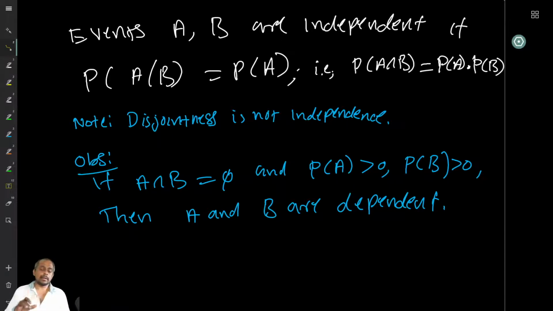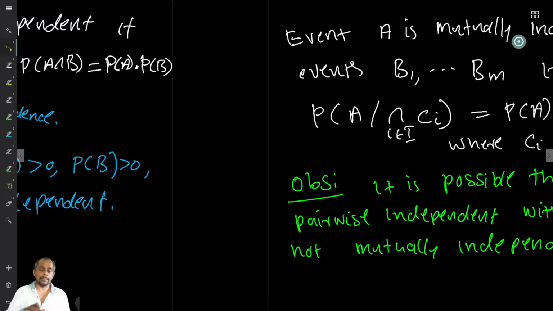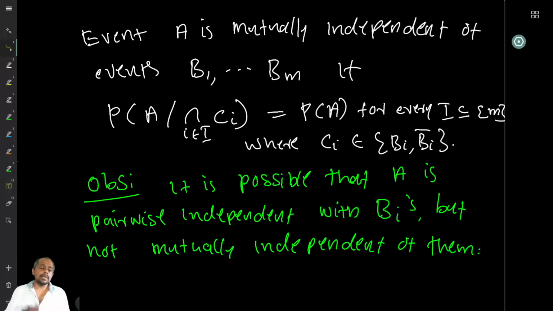So these notions have to be very clear. Now, an event A is said to be mutually independent of the events B1 to Bm if probability of A given the intersection of Ci, where i is in a subset I of 1 to m, where Ci is an element of Bi or Bi complement, is equal to probability of A. This is the definition, but intuitively what we want to see is that any combination of the events should not change the probability of A happening.